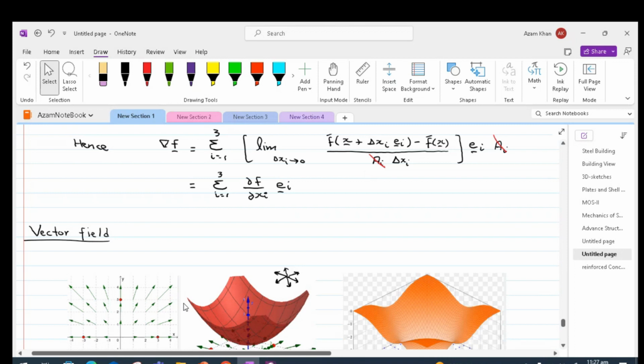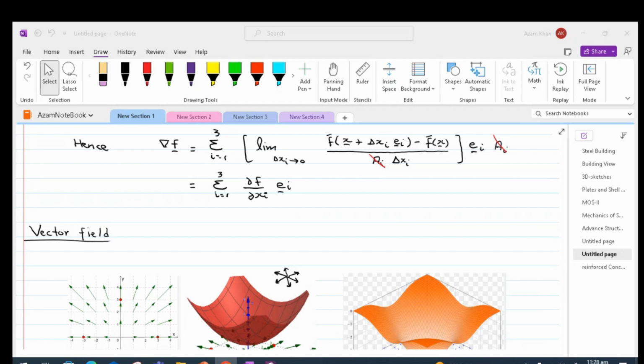Now let us see what is a vector field. A vector field is a key concept in vector calculus, and it has great application in advanced structure mechanics. It is a function that assigns a vector to each point in space, in mathematical language called a manifold.